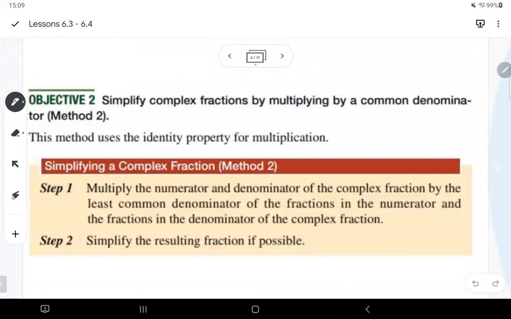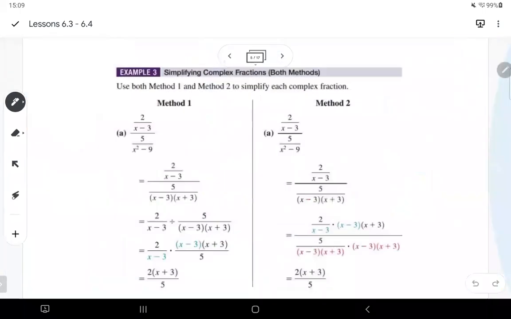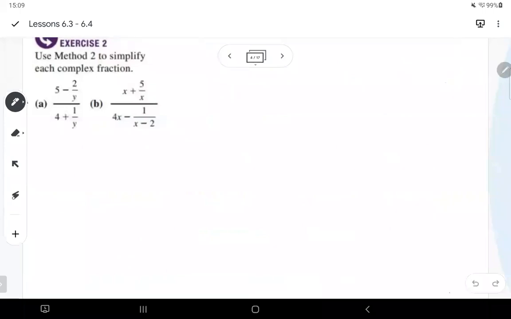For method 2, you want to multiply the numerator and denominator of the fraction by the LCD of both fractions considered together, and then simplify if possible. Let's take a look at what this looks like. I have to do both on here, that's fine.